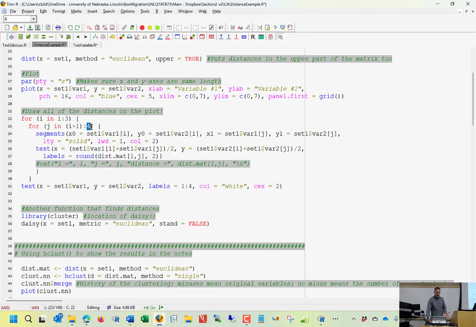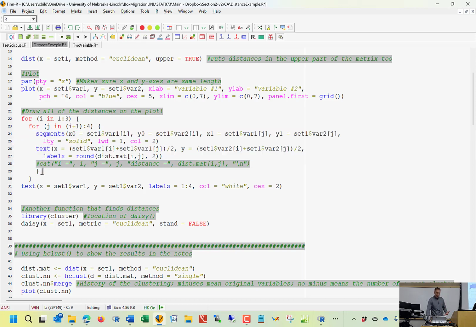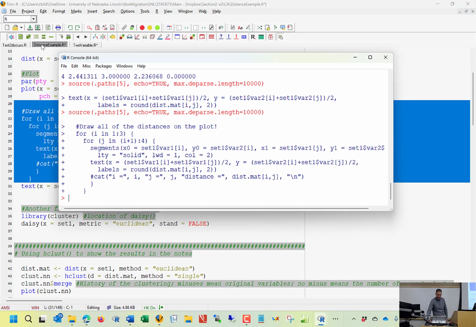Then it's going to come up here and see, okay, I still have j equal 4 to deal with. So now I have i equal 1, j equal 4. And then it gets down to here and says, oh, okay, I guess I'm done with that for loop. Now I'm going to go back up to my original for loop. And now i is going to be incremented to 2. So now I'm going to do this for i equal 2. j will be 3. And I keep on doing this process over and over again until I went through the entire for loop.